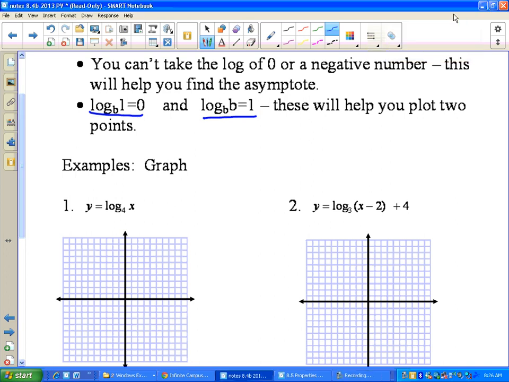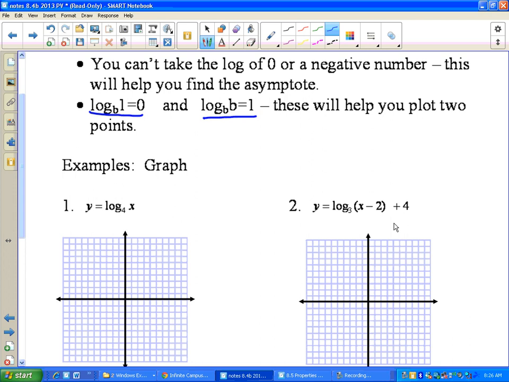Example 1. What do I want to draw first? My asymptote. For exponential, my asymptote was my k. But now that I'm doing logarithmic, what is my asymptote going to be?